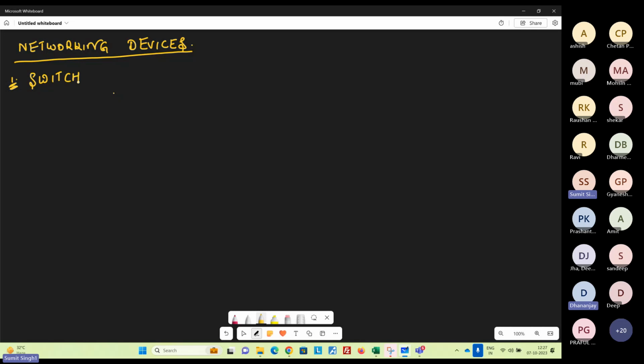We have switches, hubs, bridges. Then on the WAN level, what do we have? We have routers, firewalls, and Layer 3 switches.